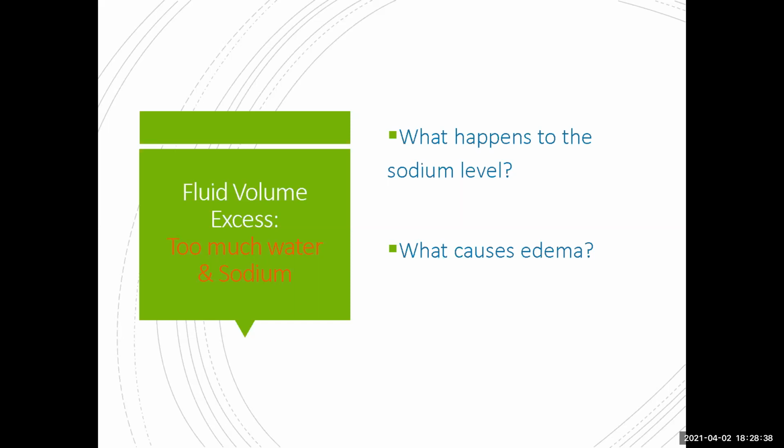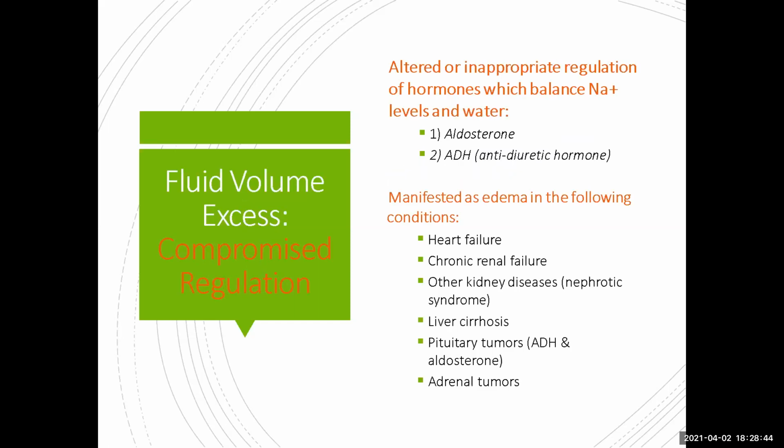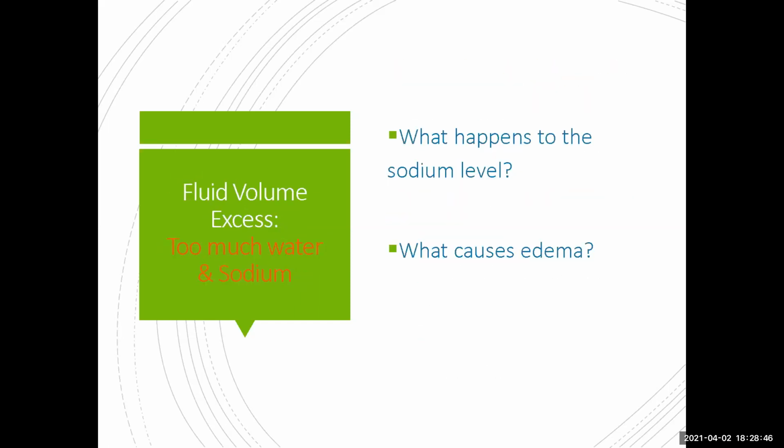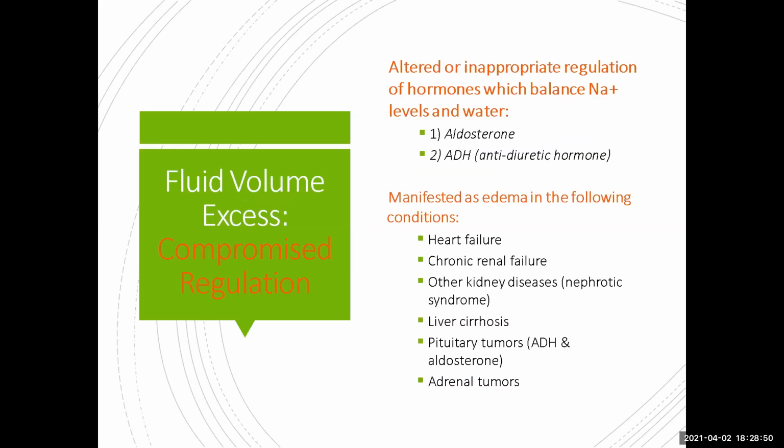What happens to the sodium level and what causes the edema? So we're gonna kind of talk about this. One of the things that happens is you have compromised regulation. All right.